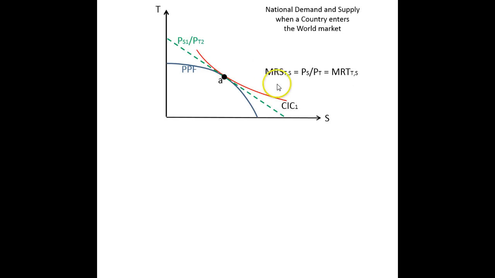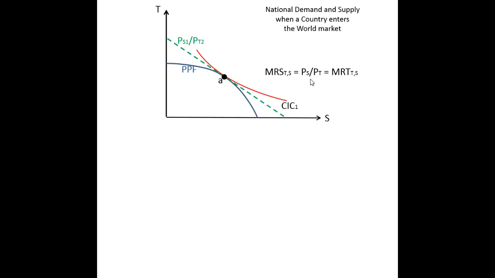The slope of the CIC, the marginal rate of substitution between T and S, is the willingness to give away textile units to be able to consume one more S. And that is equal to the marginal rate of transformation, the slope of the PPF, which is also the cost of producing one more S expressed not in money but in units of T. And that will also be the basis for the relative price in this country in autarky, no trade.